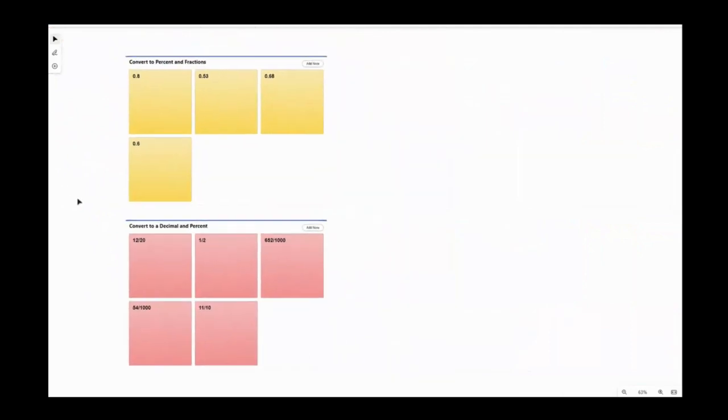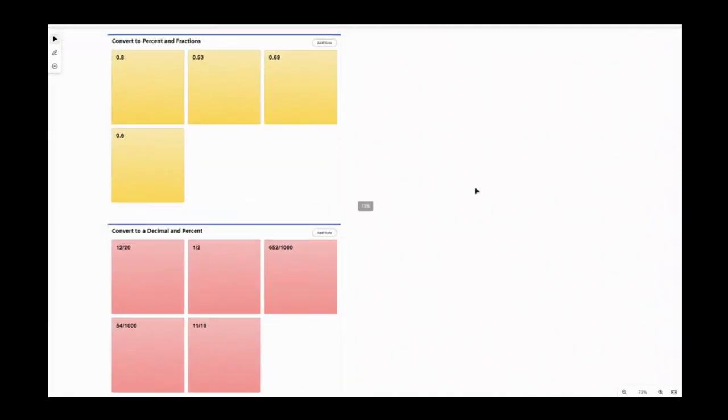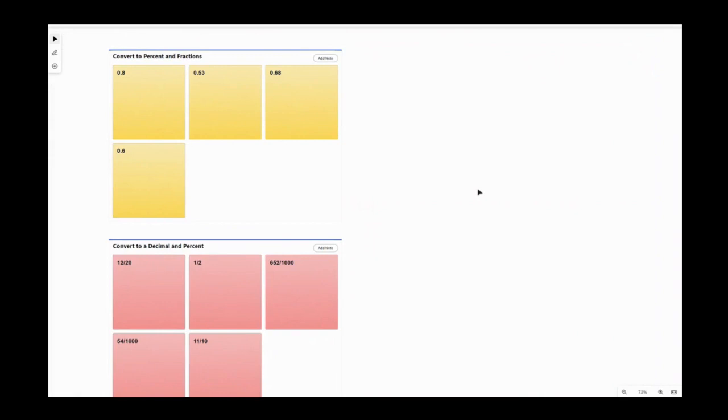One of the biggest components here is actually converting percents to fractions to decimals and moving between those three different things, because it'll make our lives easier if we're trying to sort them or figure out which one is bigger, especially if we have all three as examples.